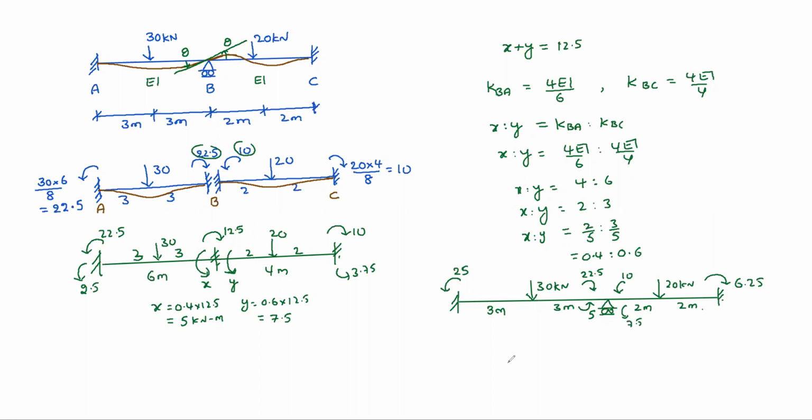So internal moments, if you want to see, it will be like this. It is 22.5 clockwise, anti-clockwise 5 means 17.5 clockwise.